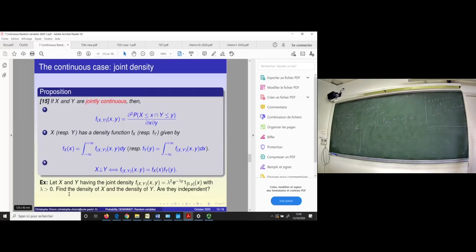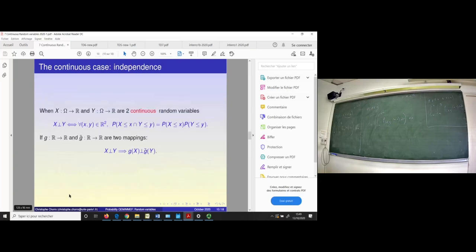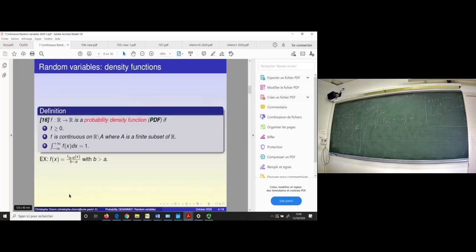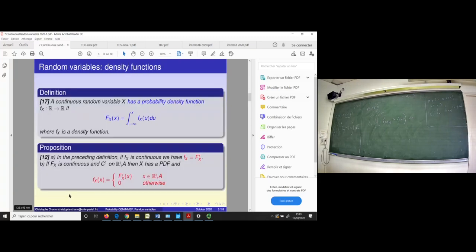Because what I proved here is that the distribution function of X can be written as this partial integral. But if you come back to the definition of a density function I gave you, it was this. If you express the distribution function of X as the integral between minus infinity and x of something, this something is the density function.